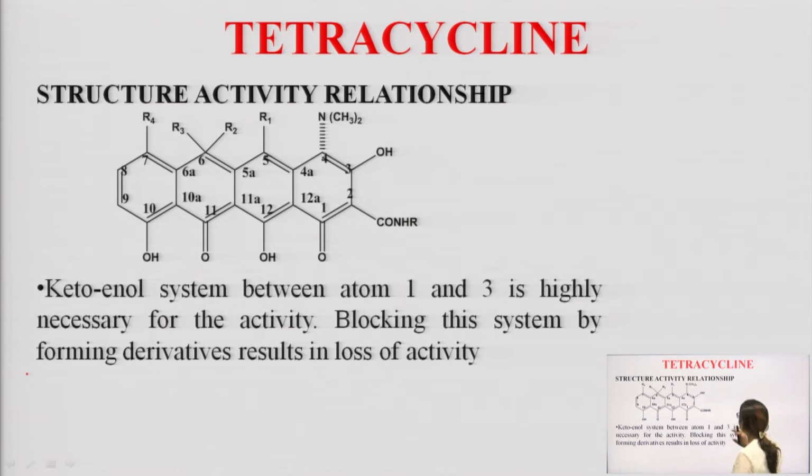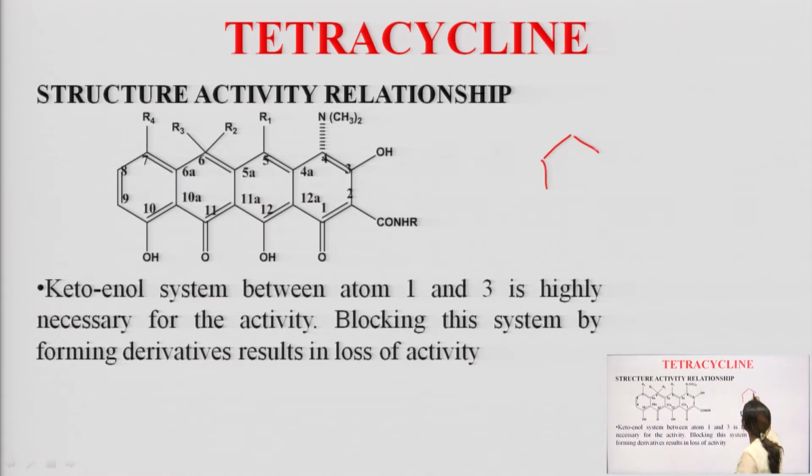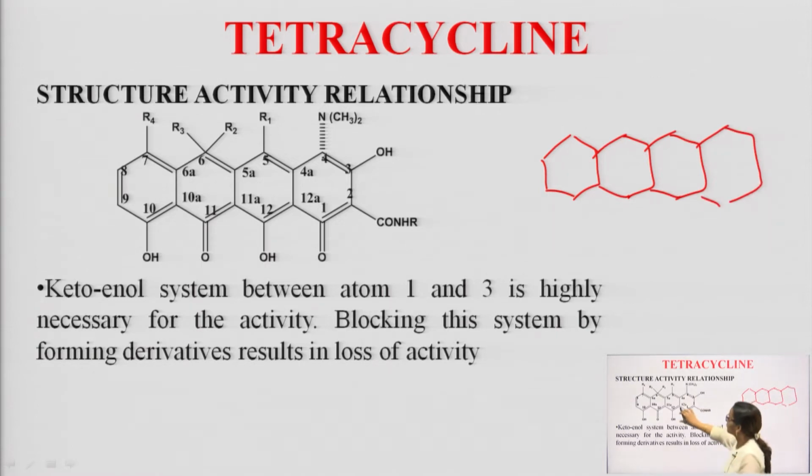See, I have told you that whatever we study about tetracycline, we have learned one main thing: it is made up of a 4 cyclic ring structure. Here also are 4 cyclic rings. The rings are named A, B, C, D, right.